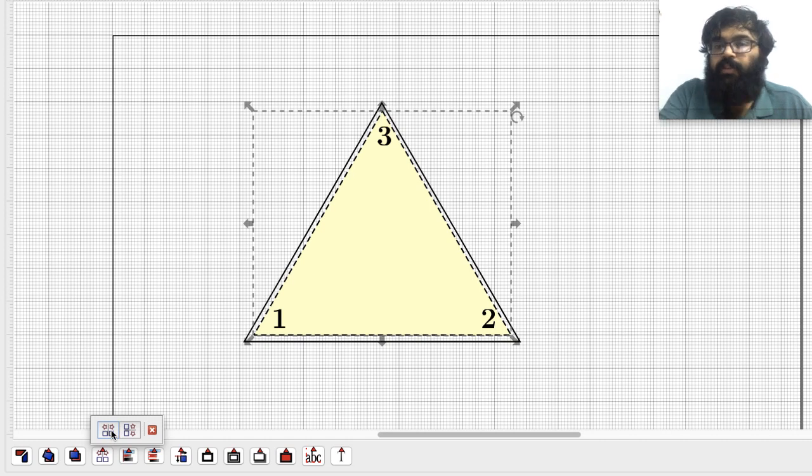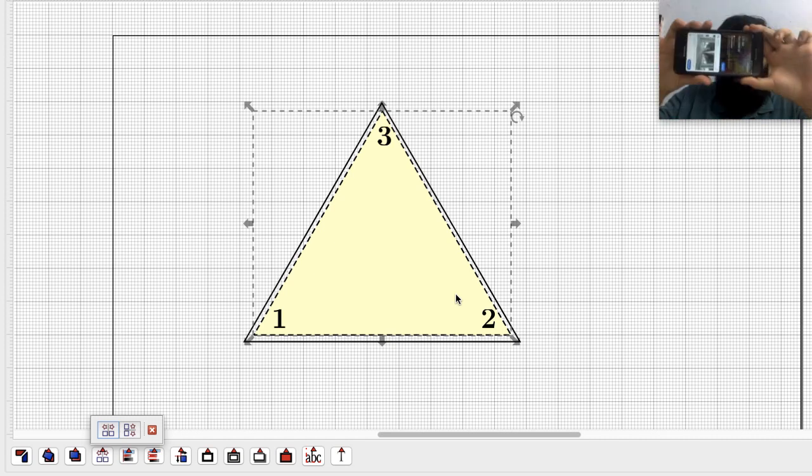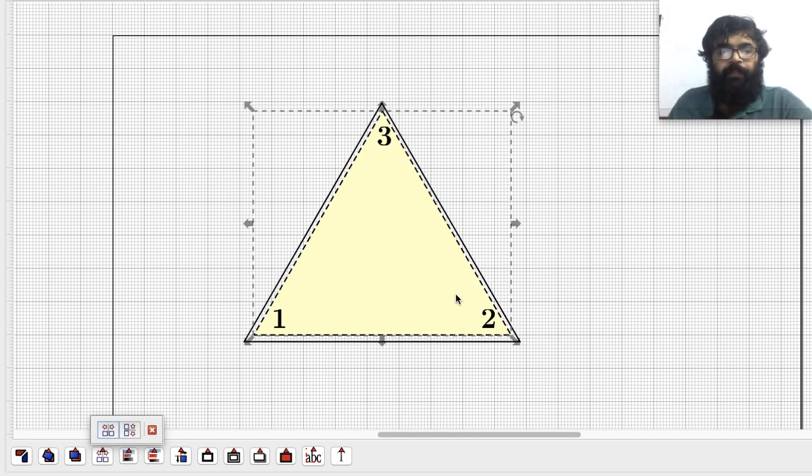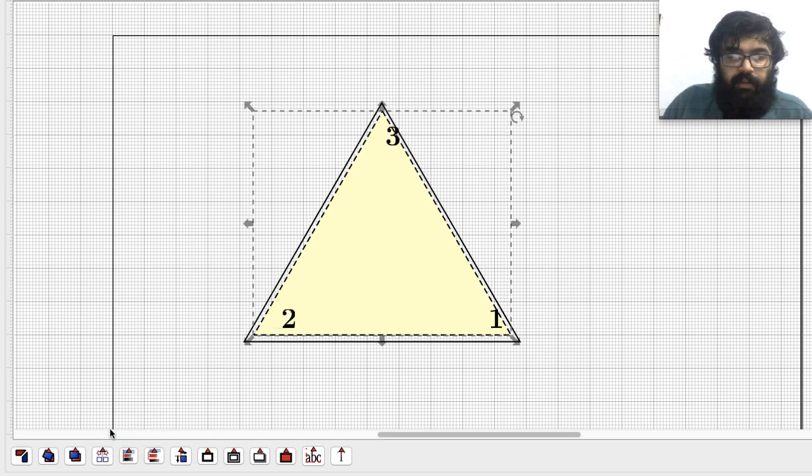What will happen? 3 will remain as it is, and 1 and 2 will interchange. Flipping means like this. So this is the front side, and if I do like this, it is called flipping. So let me click here, and you can see.